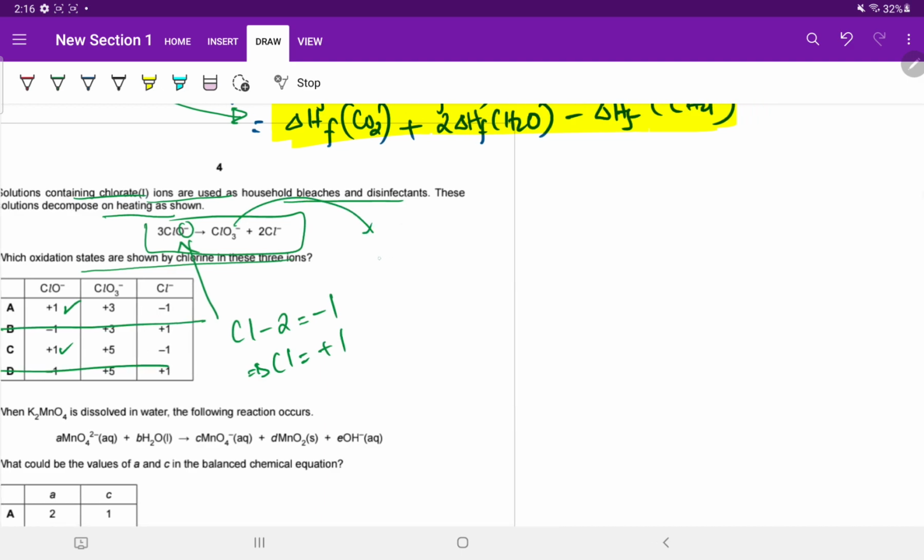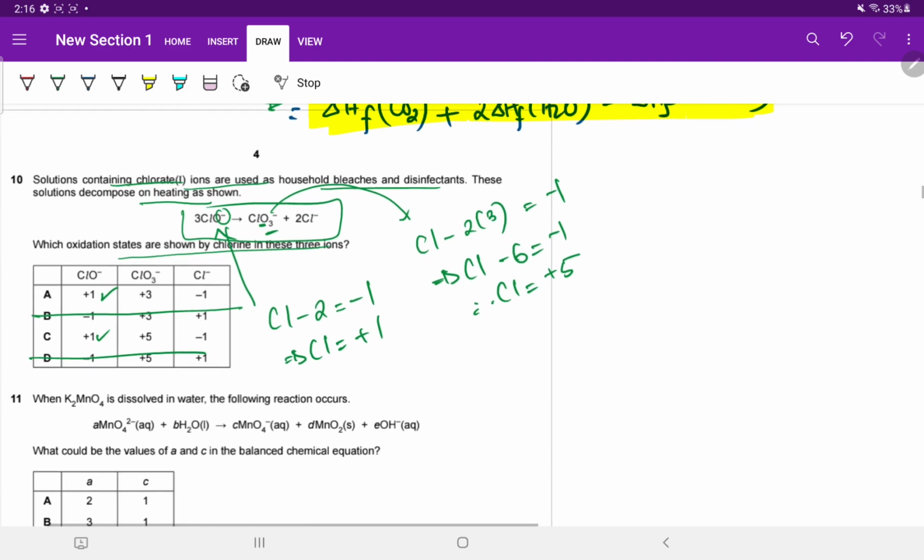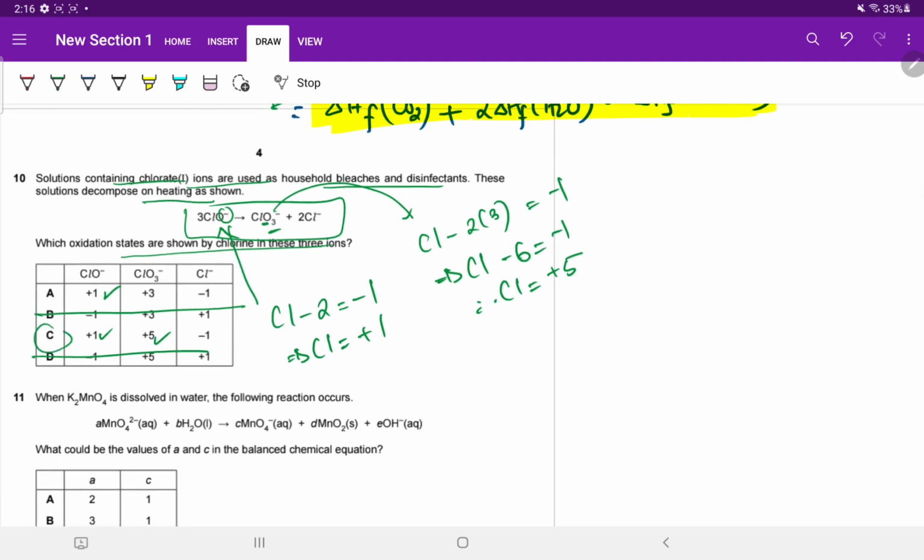Then ClO3 minus: oxygen is -2 times 3 because there are 3 oxygen, so -6, and the charge is -1, so chlorine is -1 plus 6, which will give us +5. Yep, it just gives option C. Just for clarification, let's also see over here they have already given us, so this is -1, this has to be -1, which gives option C to be a correct response in this question.